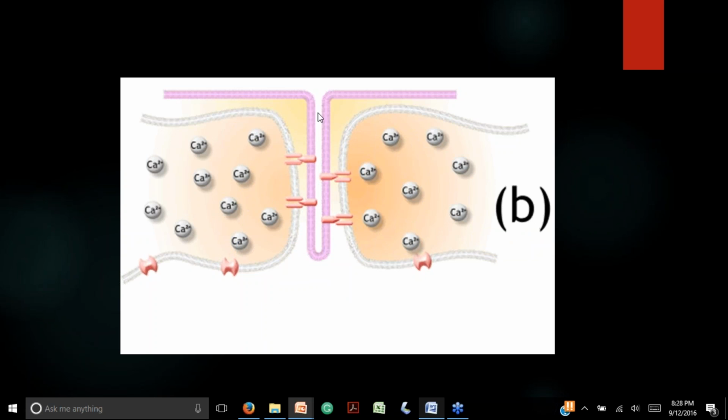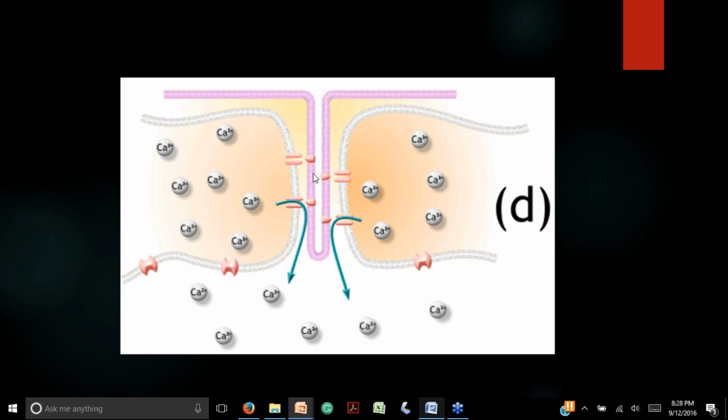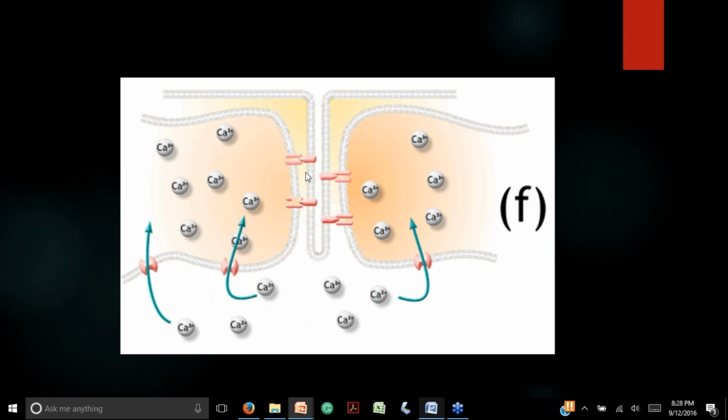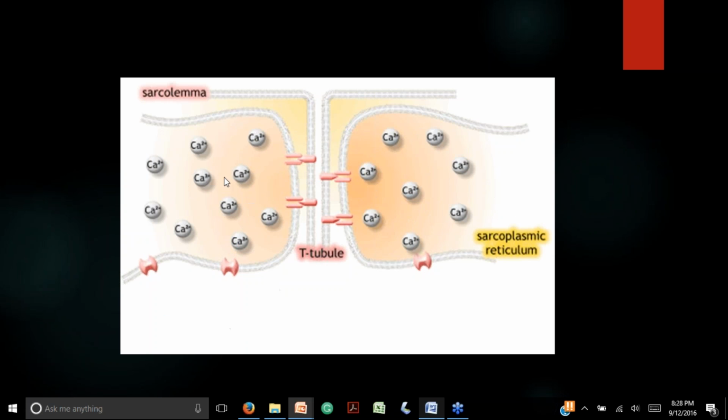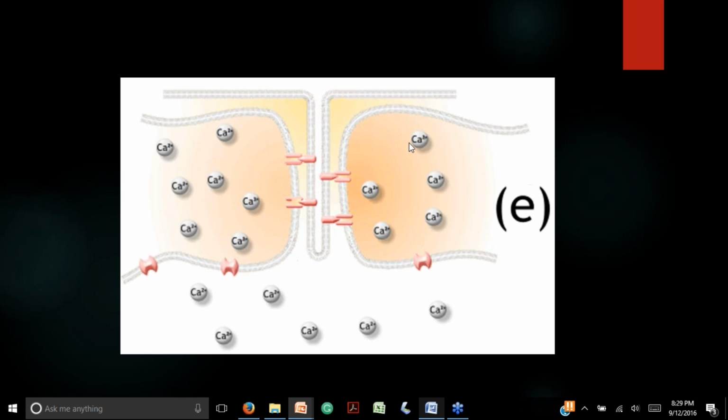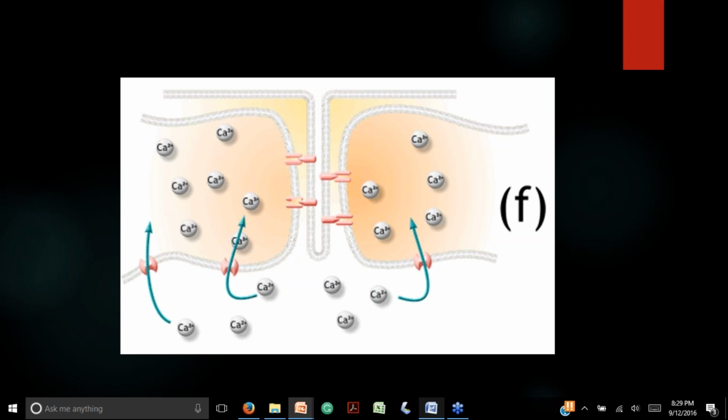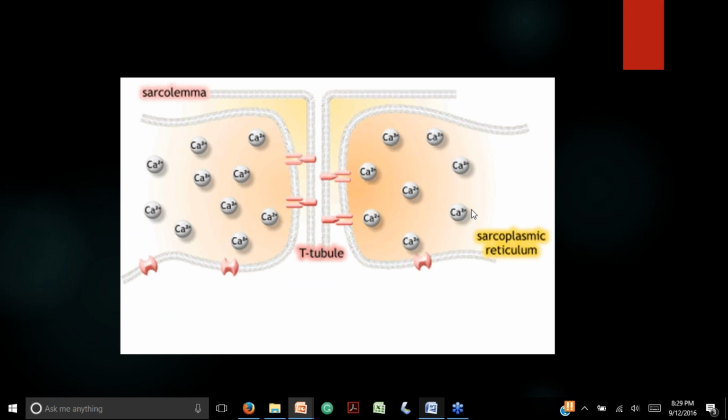The T-tubules are going to produce some depolarization with the sodium when it enters into the membrane. And here we have the sarcoplasmic reticulum. What is the sarcoplasmic reticulum? It's actually an endoplasmic reticulum; in the muscle, we call it the sarcoplasmic reticulum.